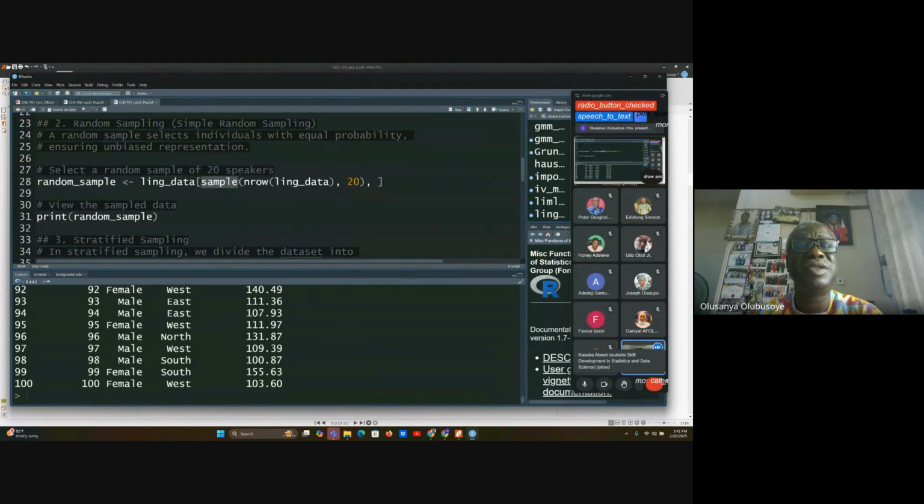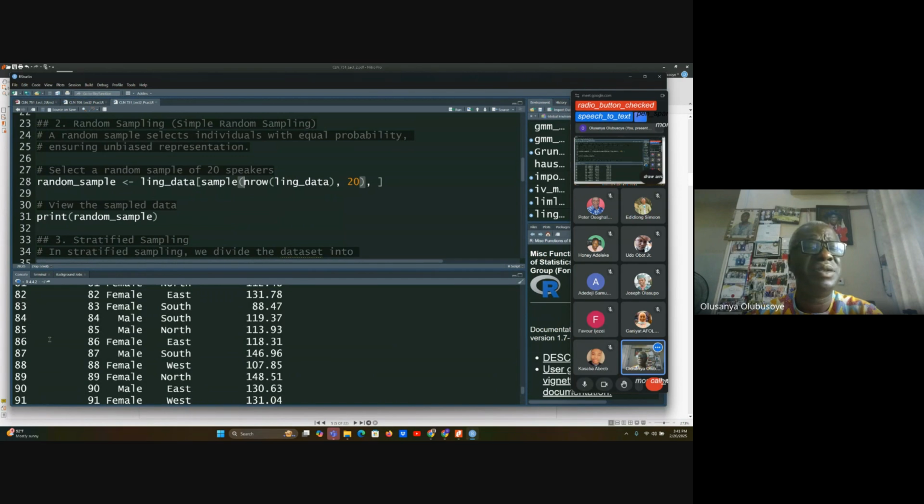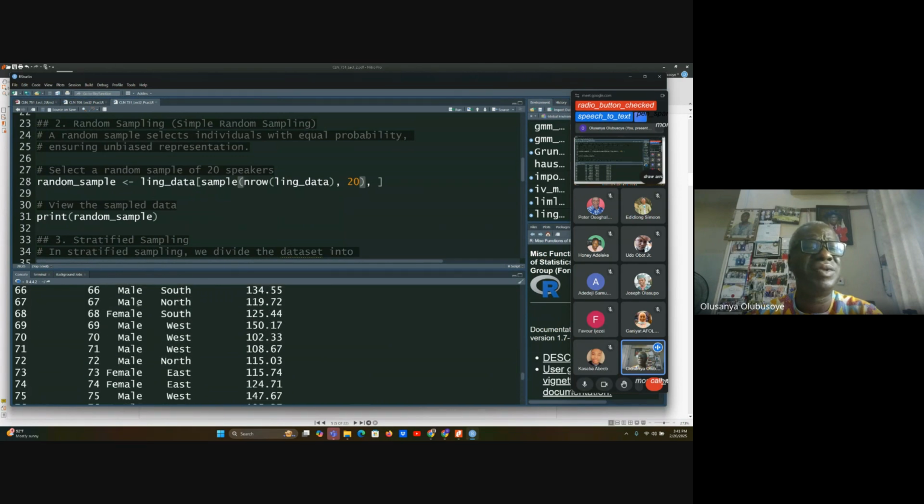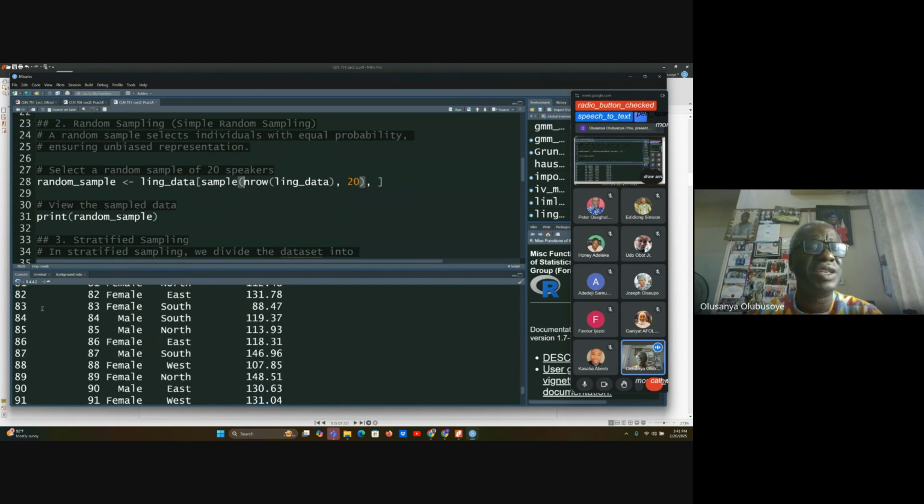And you can use the sample function in R. So you state the data frame from which you want to draw the sample. And it's going to draw from the cases. The rows are the cases. So it's going to draw how many? 20 rows. You need to learn about the code.